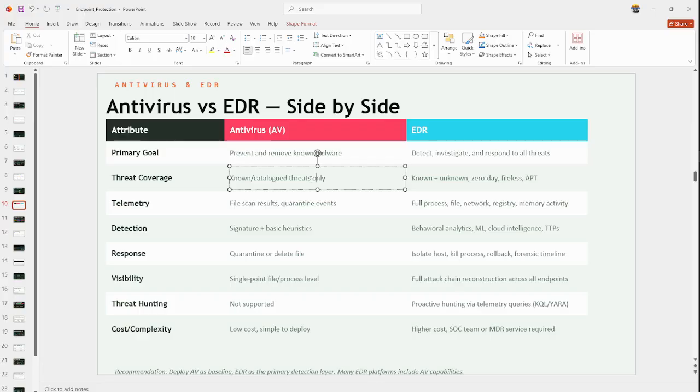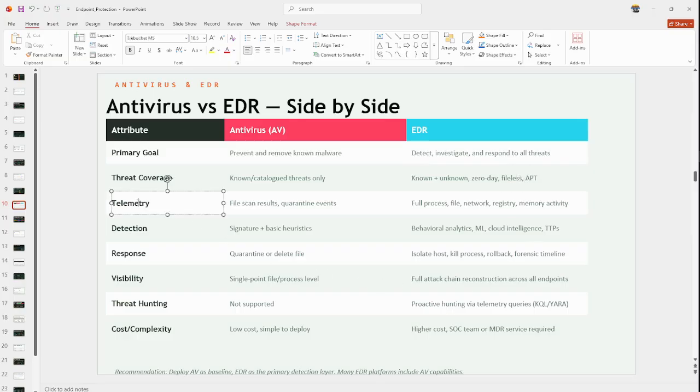We will cover only this much, that's it. Whereas EDR will cover known and unknown and zero day also. There is something called fileless. I will explain it later, because one student has not attended this.